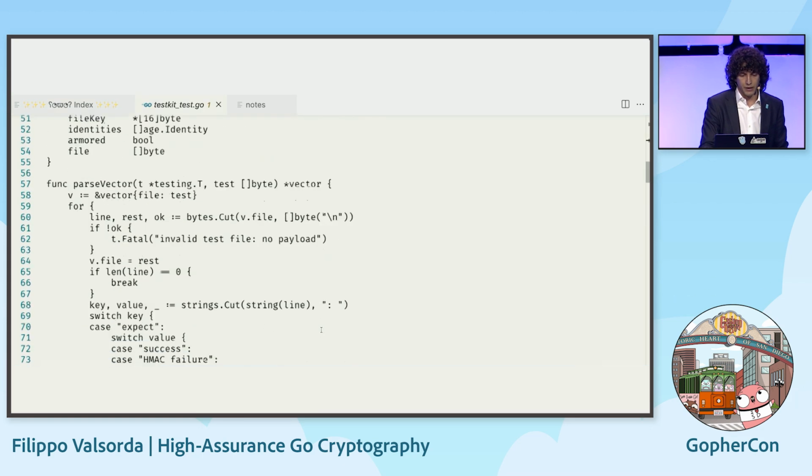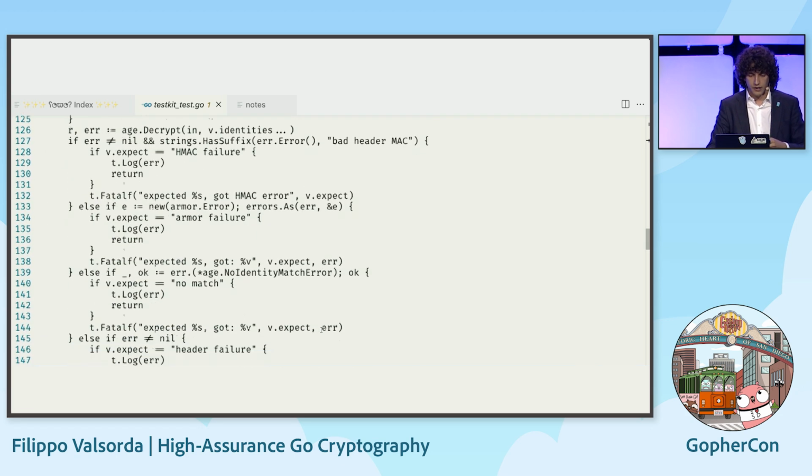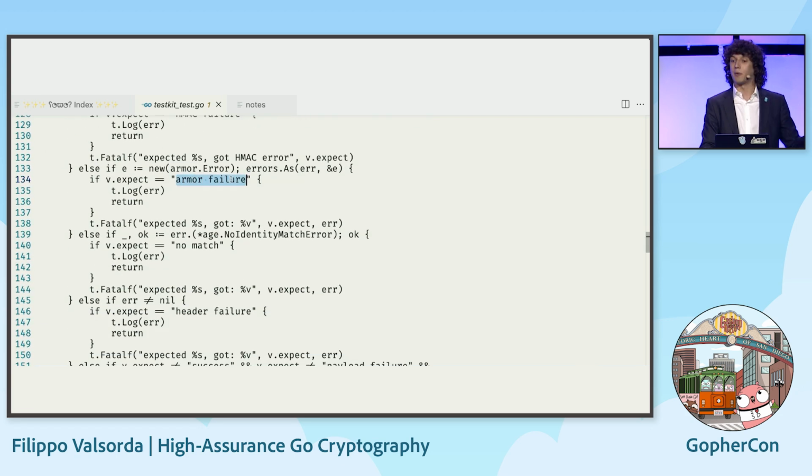We parse the vector, and then we make sure that, for example, if it says expect an armor failure, make sure that you actually get an armor.error using errors.As, because otherwise it means that something else went wrong. Something important here is that each test vector tests exactly one thing.